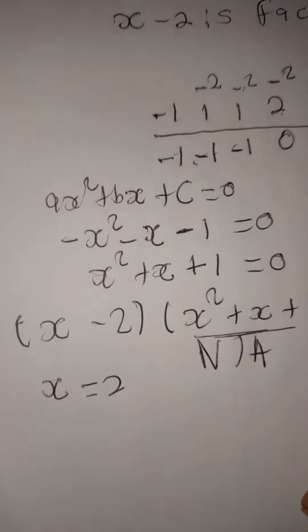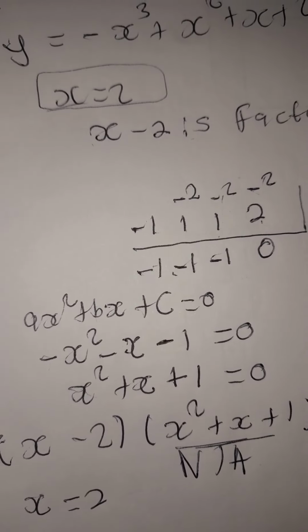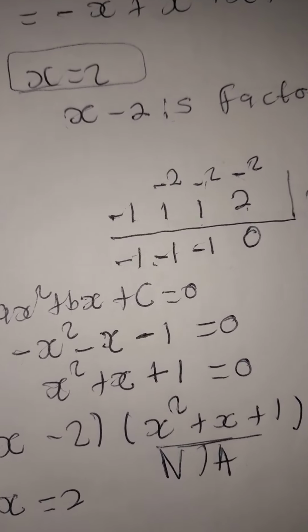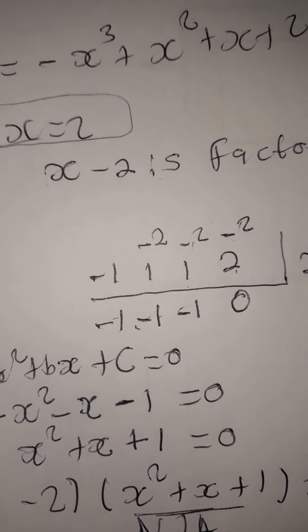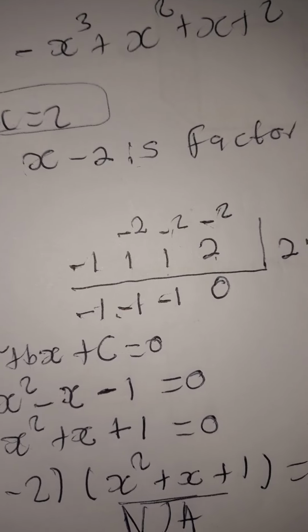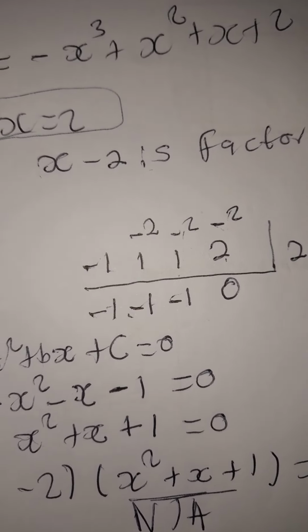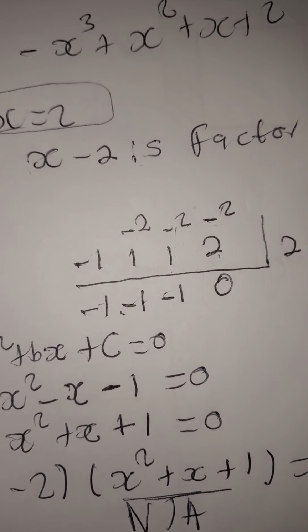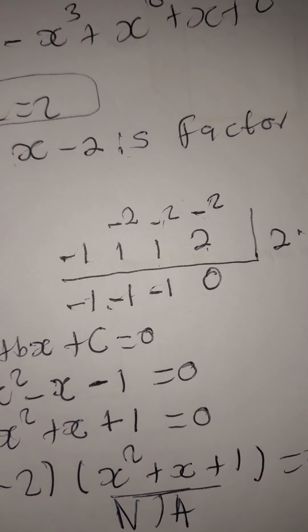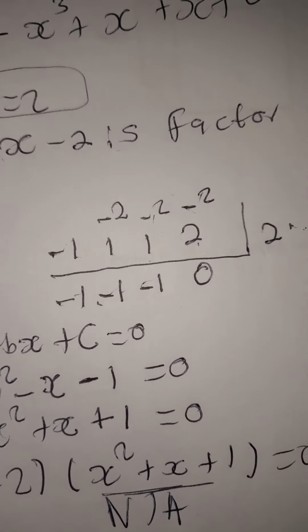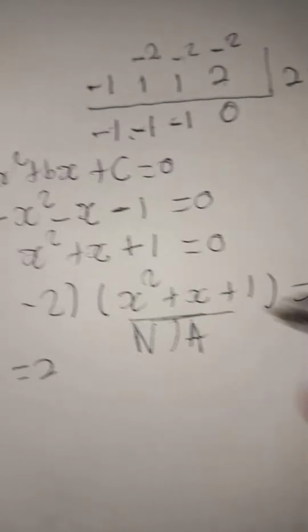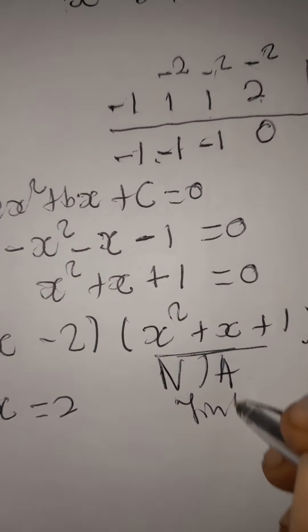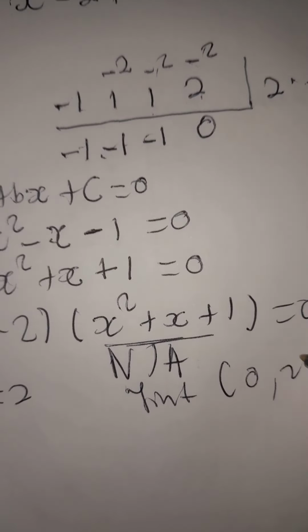But how can we find the y-intercept? Go back to the original by placing 0 there. Negative 0 cubed is 0, plus 0 squared plus 0 plus 2, that's going to be 2. So the y-intercept in this case will be 0 and 2.